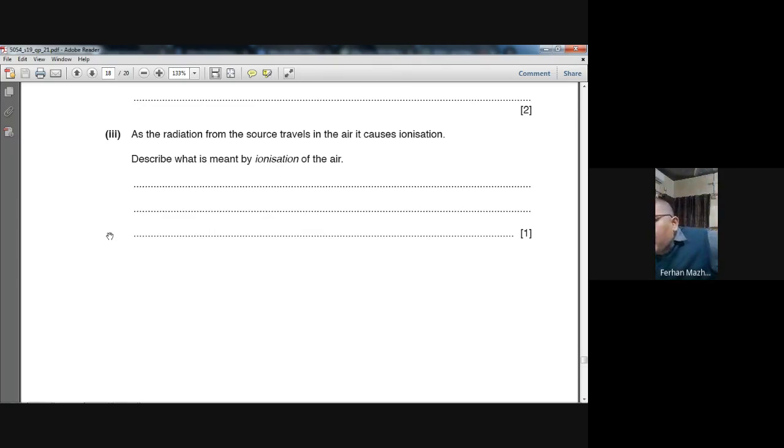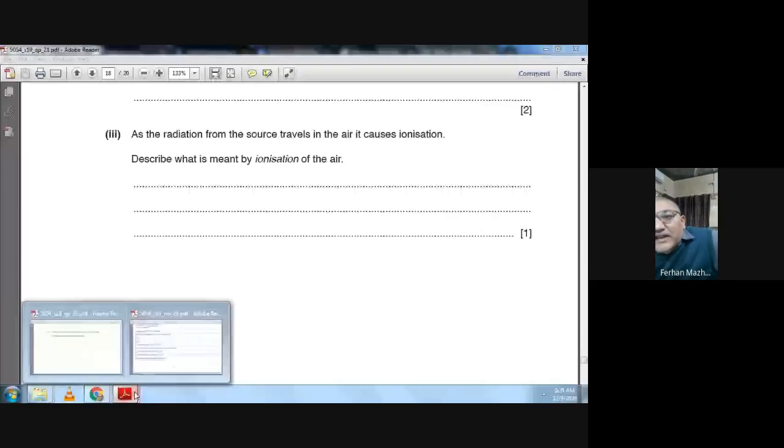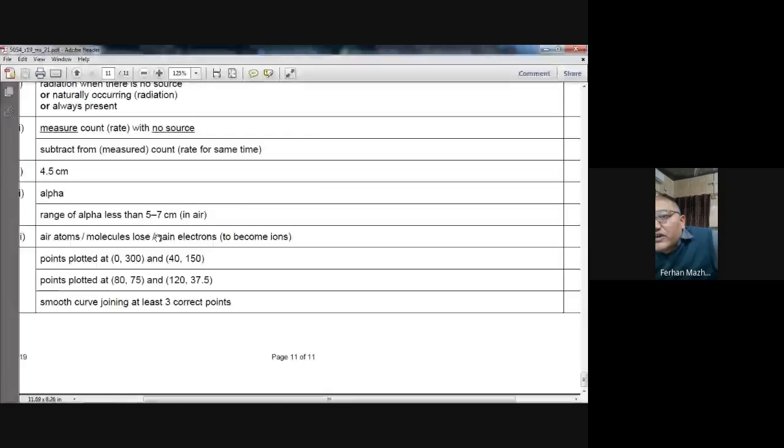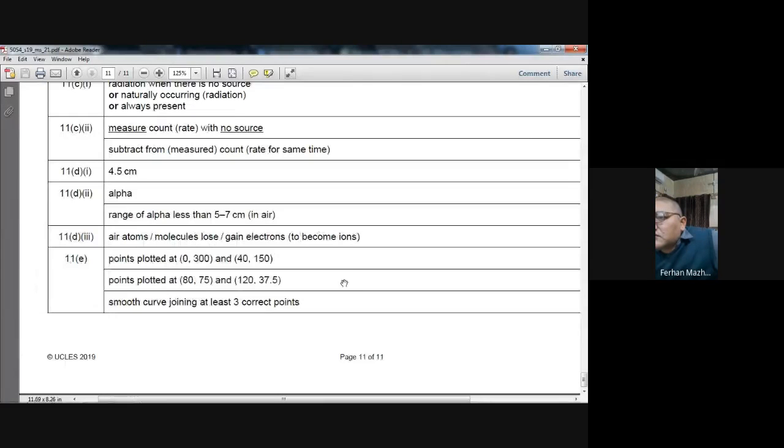You understand this idea? You are studying chemistry also, right? Because this idea is also in chemistry. Air atoms and molecules lose or gain electrons to become ions.